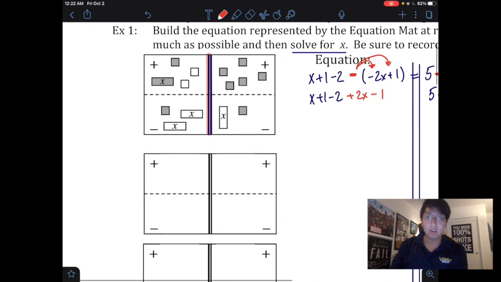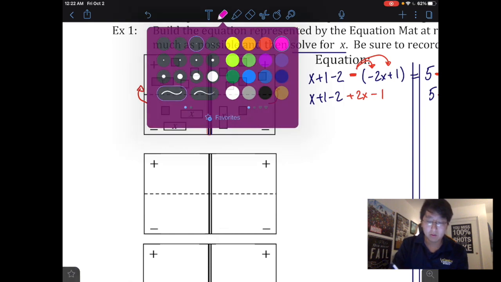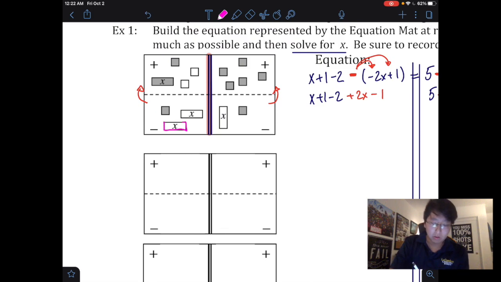I want you guys to go ahead and take a second and flip from opposite land. So all these negatives will become positives. We'll highlight those in. And then these positive unit tiles are going to become negative unit tiles.